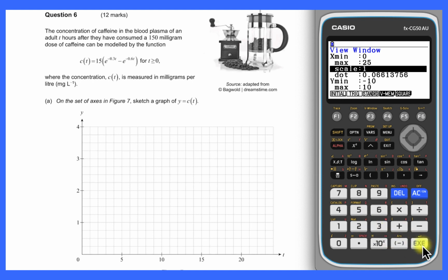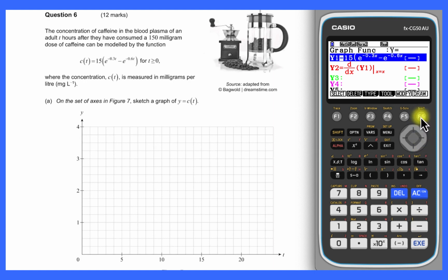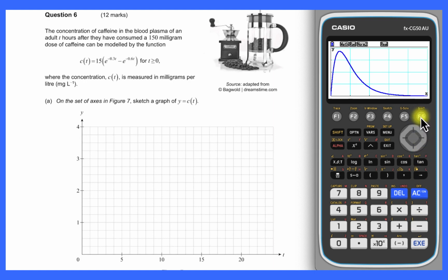And the marks are in 5s, so I'm going to make my scale 5. And arrow down a little bit. The Y minimum 0, and the Y maximum looks like it's 4, and scales of 1 there will match the axes provided. So with that done, I'm going to press execute and then press draw, and I'll see the graph drawn pretty much on the axes that I would require.